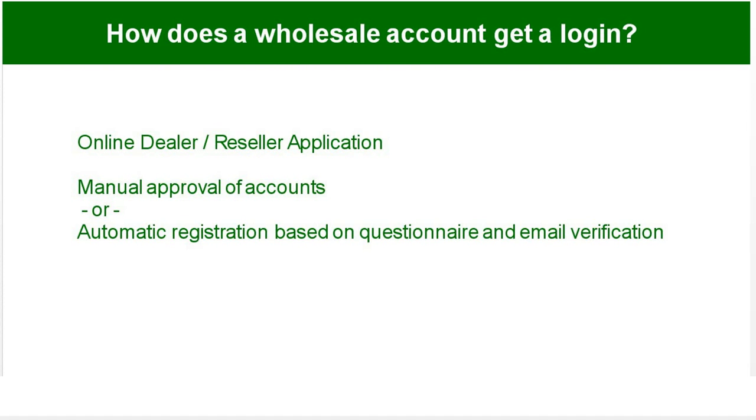They give you all of their information, including their sales tax license number, their desired username and password, where they're located, and so forth, whatever other credentials you want to require of them. And then you have the option to either manually approve the accounts or to have an automatic registration based upon a questionnaire, which then sends an email verification back to them.